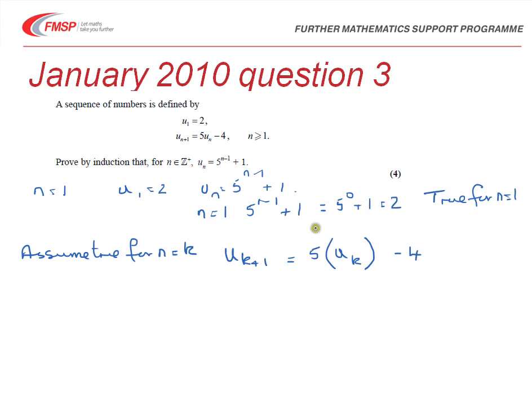But we're assuming that uk is given by the formula, so that we can say that that's equal to 5 times, then uk is going to be 5 to the power k minus 1, plus 1, minus 4.